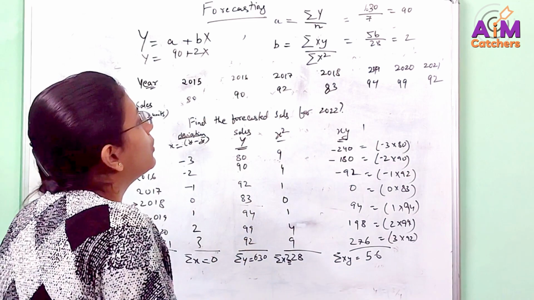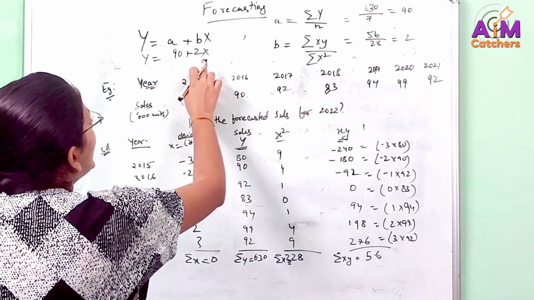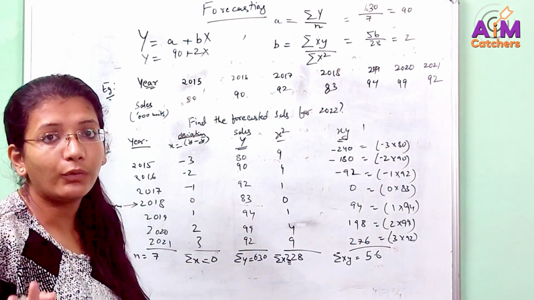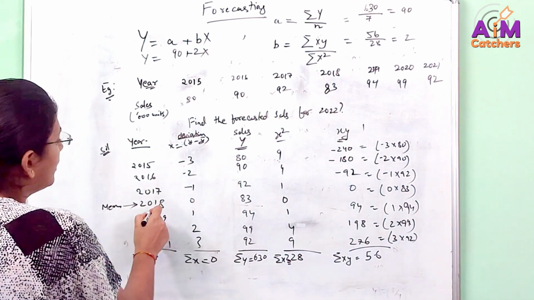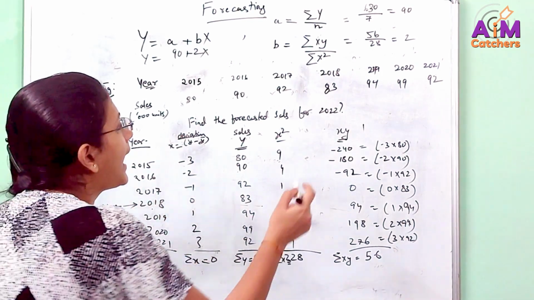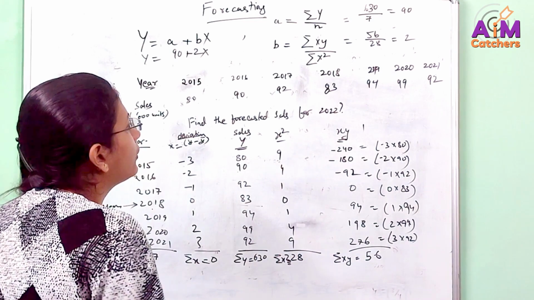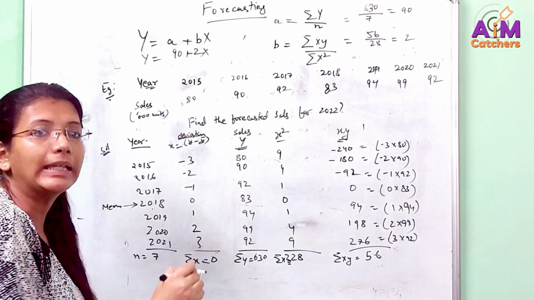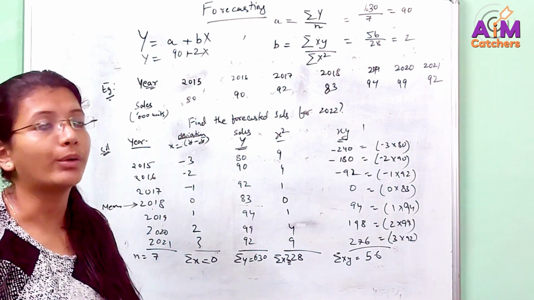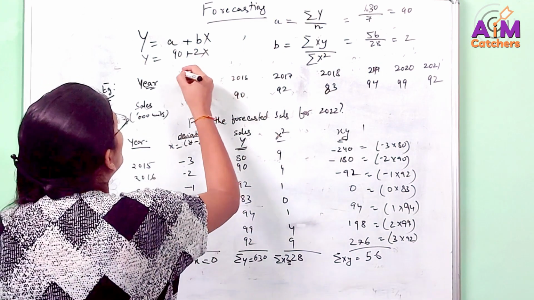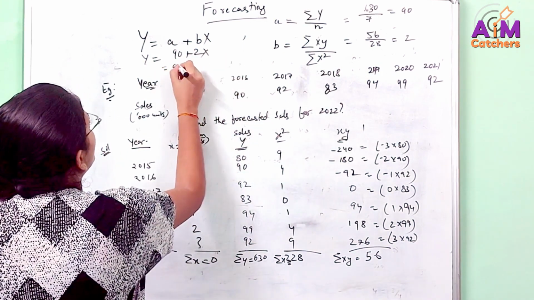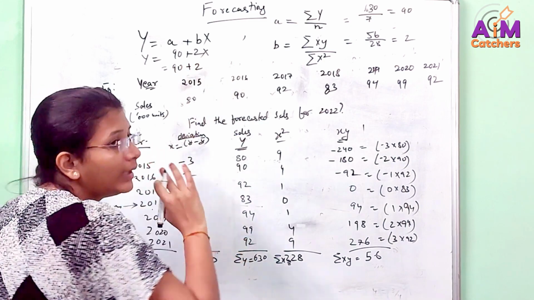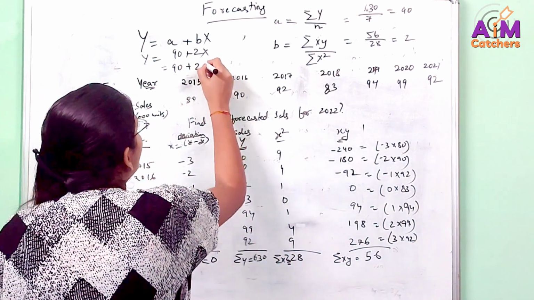Like 2022. For 2022, we will be calculating x. X is the deviation from the mean. 2018 was the mean and 2022 is what we want to find out. So 2022 minus 2018. What will be that number? 4. So x will be 4. See, I am writing it here, 90 plus 2. X is not the year. It will be the deviation from the mean.